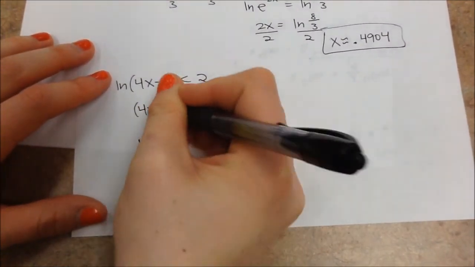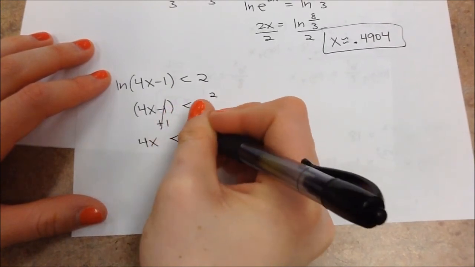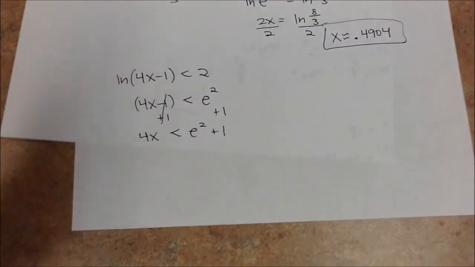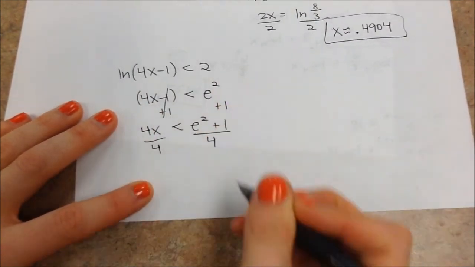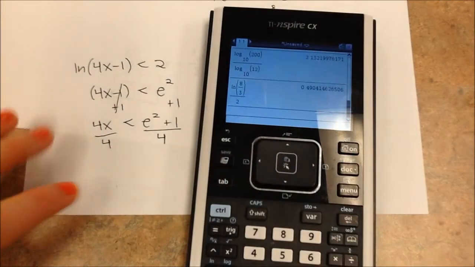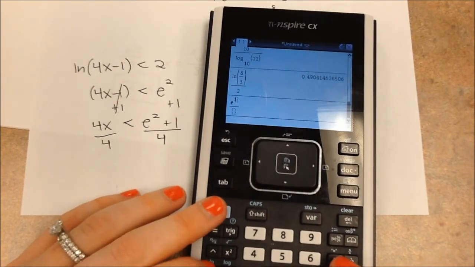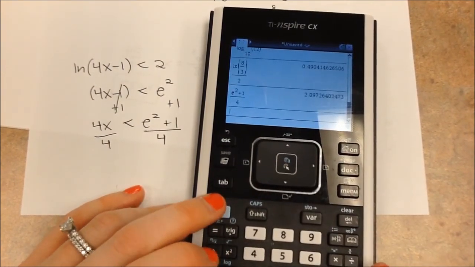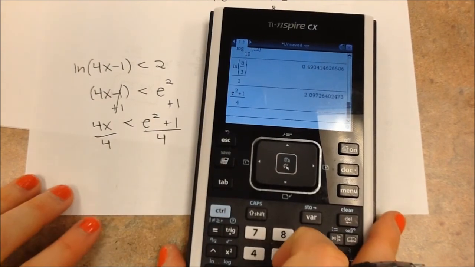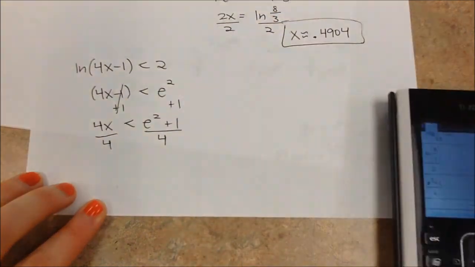So I get 4x is less than e squared plus 1, whatever that is, and don't worry, I have a calculator for it. Divide both sides by 4, so I'm going to get some funny decimal value. So it looks like this, e to the second plus 1 divided by 4 is that value, whatever that value is, 2.0973.